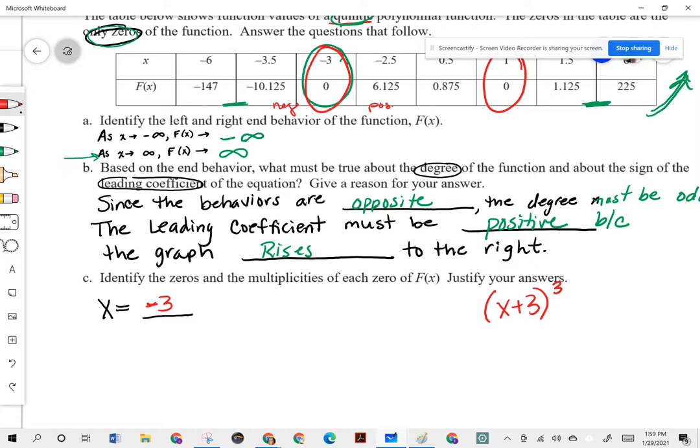So we've got the -3, and we know that it crosses the x-axis because of the sign change.